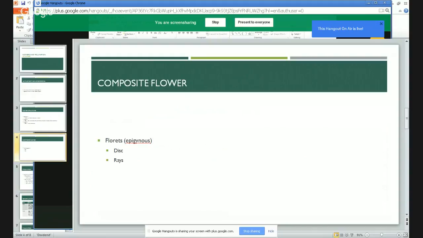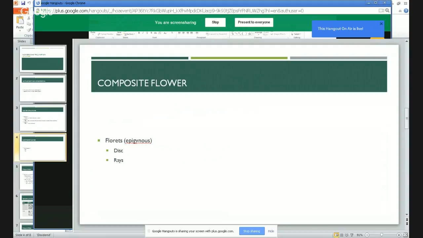So basically, your sunflower head here is made up of two different types of florets. The first being a disc, and the second being a ray. They are both epigynous, so that means that the ovary is technically inferior to all the other parts.